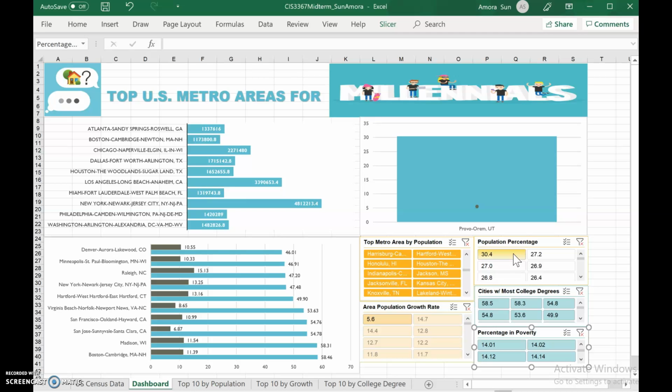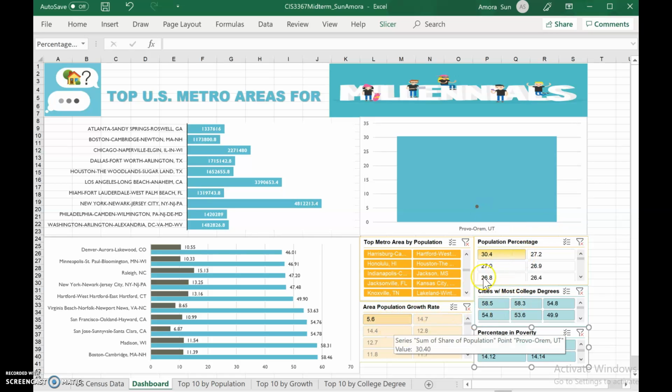We're able to press into it and see that the city here in Utah, with the population percentage of 30.4% of millennials, has a growth rate of 5% in the area.